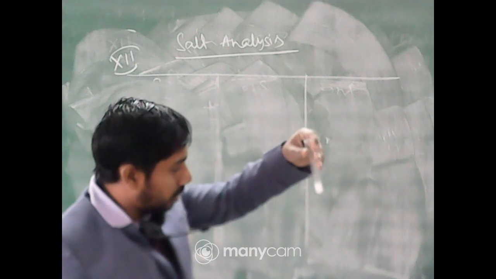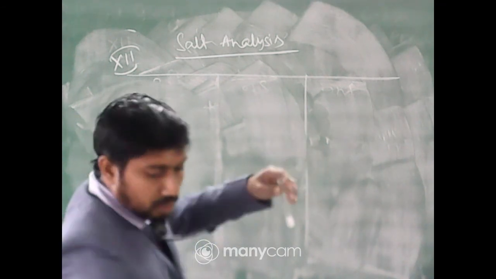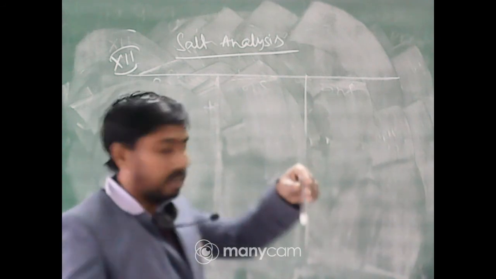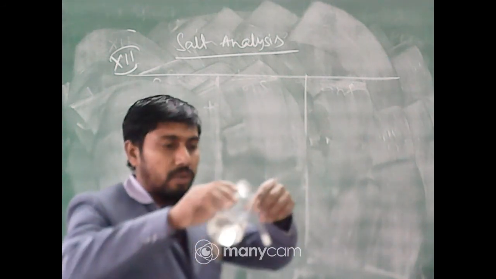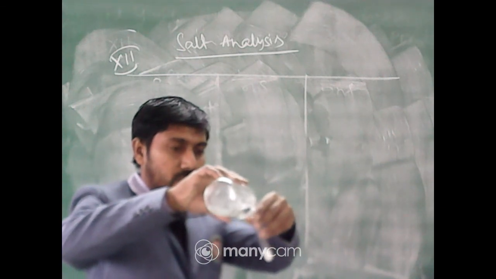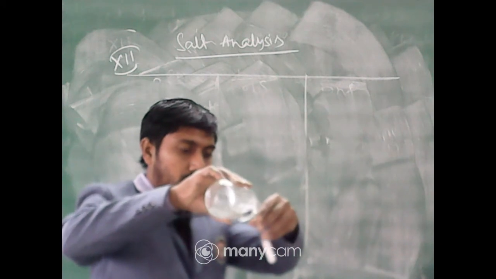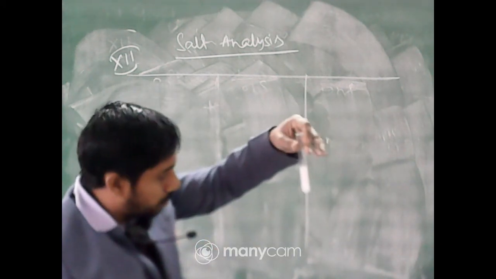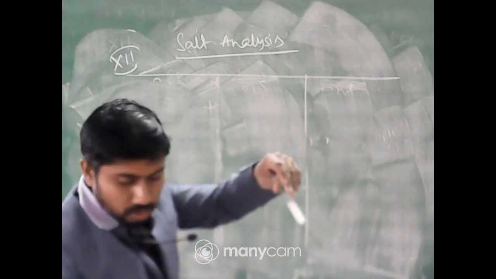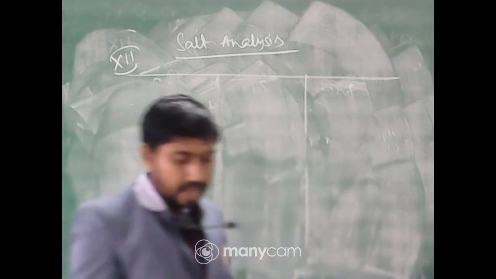So a curdy white precipitate comes. To confirm further, we will add one mineral acid, dilute HCl. Adding dilute HCl here to check whether the precipitate dissolves or not. You can see that the precipitate is not dissolving. So we confirm that sulfate is present as the anion.